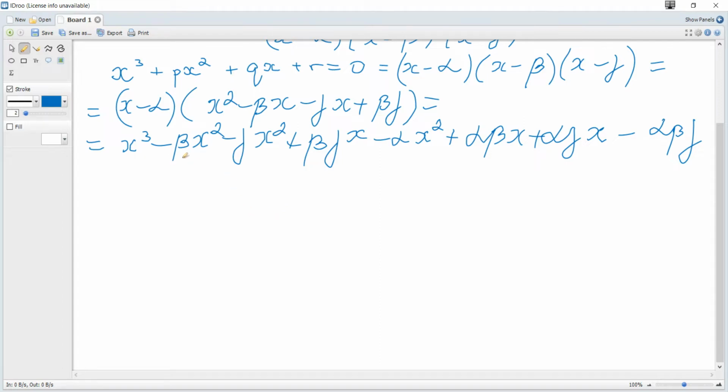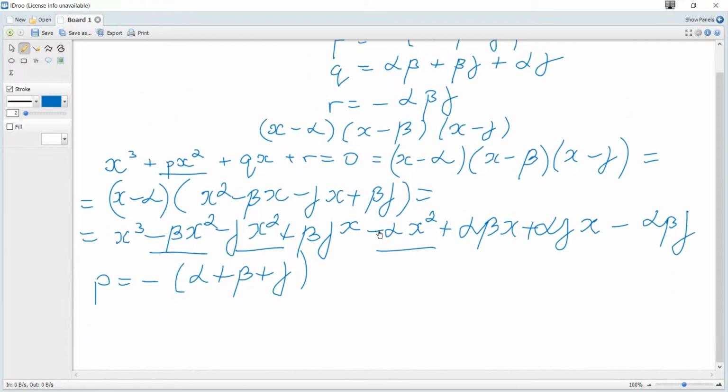And let's consider terms containing x squared, and we can see that p is negative alpha plus beta plus gamma as required.